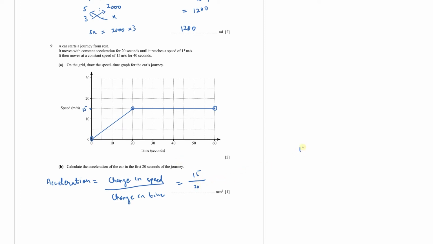So if you want, you can do the division here. So I'll have to do a decimal here. So 150, 20 times 7 is 140. Get a remainder of 10, add another 0, bring it down. And 20 times 5 is 100. So this is equal to 0.75. So your acceleration is 0.75 meters per second squared.